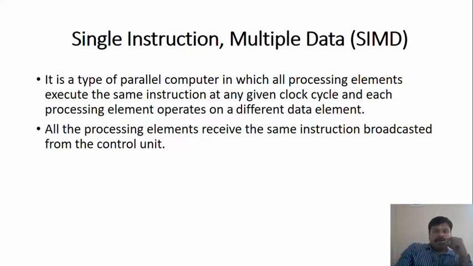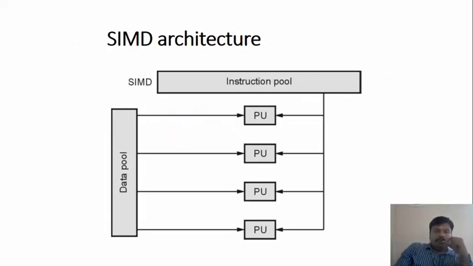All the processing elements receive the same instruction broadcast from the single unit, because there is only one instruction, but the data can be different. You can see in the architecture diagram that a single instruction is given to n number of data pools. Multiple data streams are coming from the data pools, but a single instruction from the instruction pool has been given to processor 1, processor 2, processor 3, processor 4, followed by data pools 1, 2, 3 and 4.